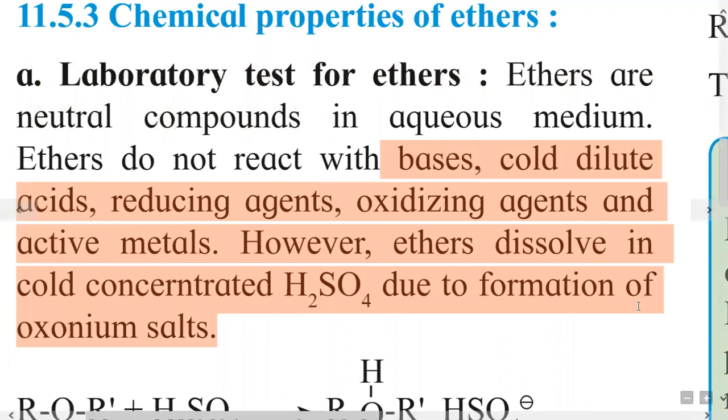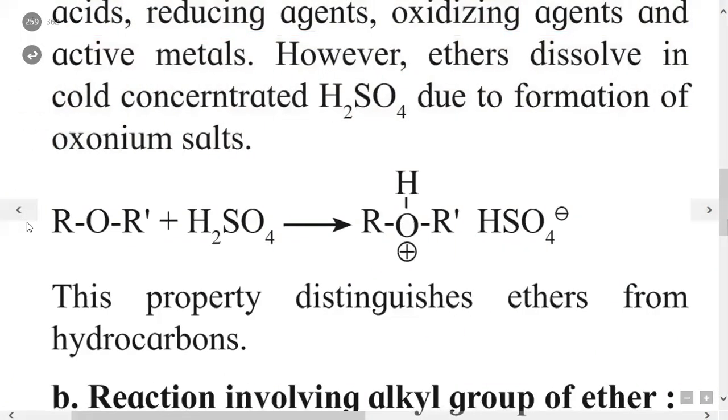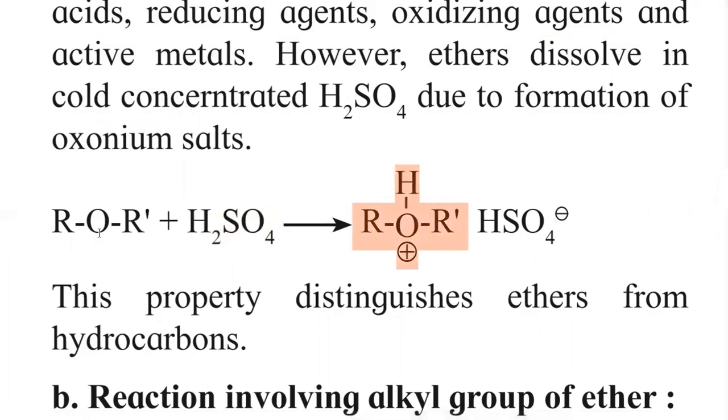Now, how is this oxonium salt formed? We know the general formula of ether is ROR'. When it reacts with cold, concentrated H2SO4, it gives ROH plus R'HSO4 minus.